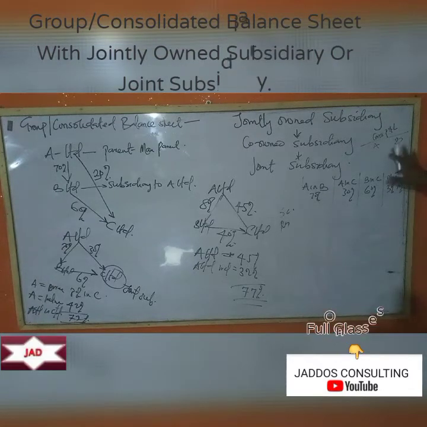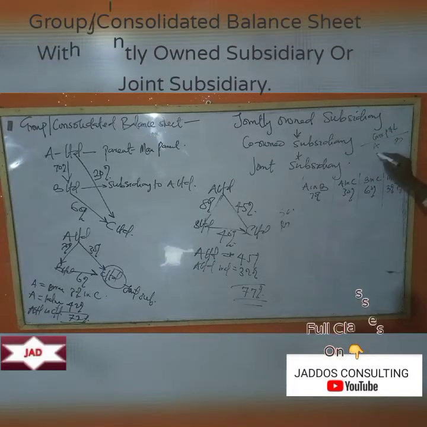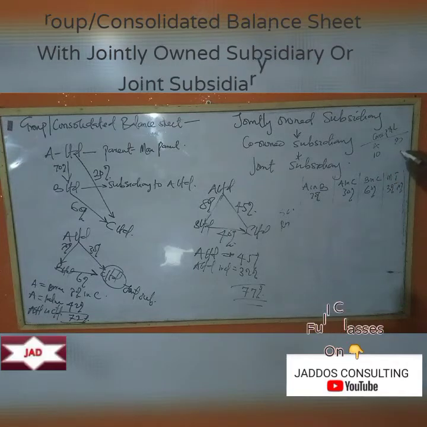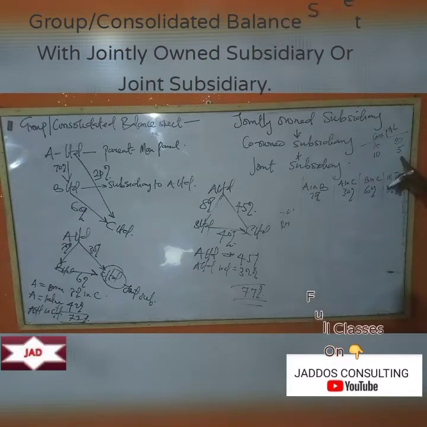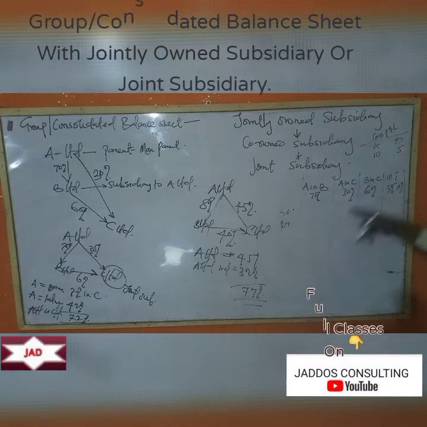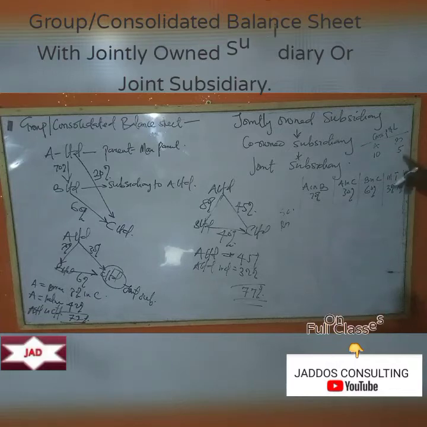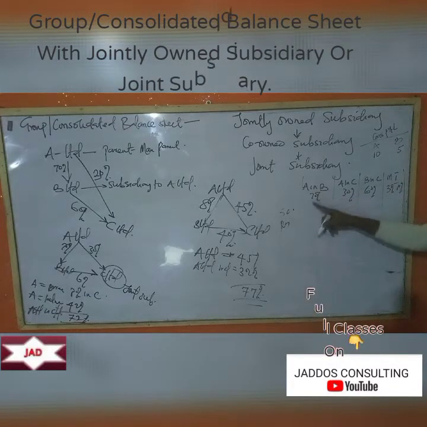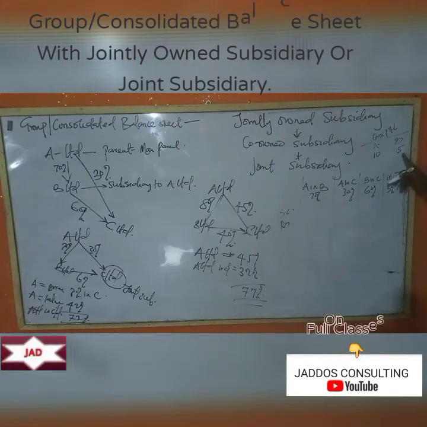let's say you have CP&L for A, let's say it is 10. Then that of B, let's say it is 5. Now you're going to liquidate out of 5. I already taught you this in our last class. Liquidate out of 5 between A Limited and minority interest. This is the consolidated P&L of B. Now A has 70% in B, so that means A will take 70% of this 5.